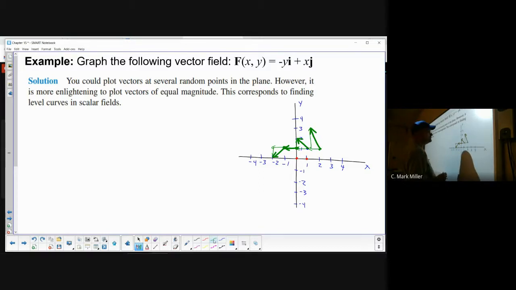My x is 1, so it's going to go straight up 1. How about if I go over here to 2? It's going to go straight up 2. Over here to 3, it's going to go straight up 3. At minus 1, goes down 1. Minus 2, goes down 2. Sort of a strange looking vector field, right?